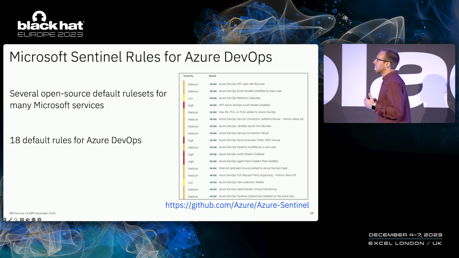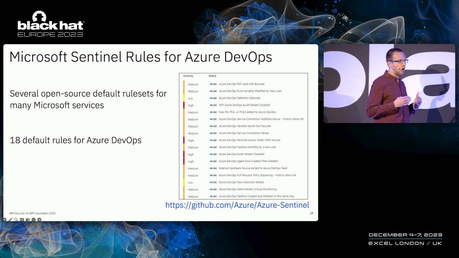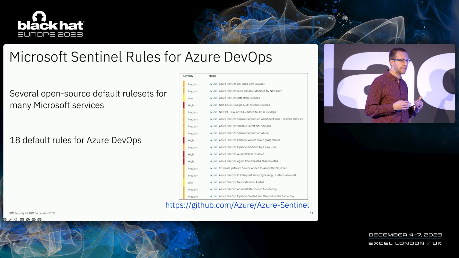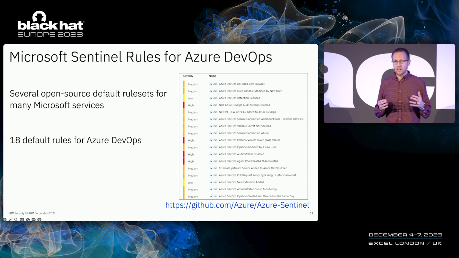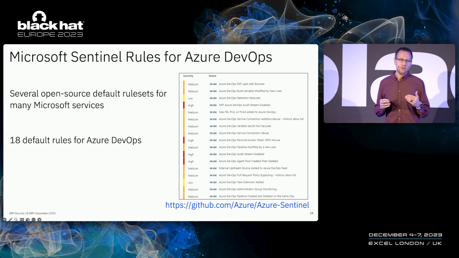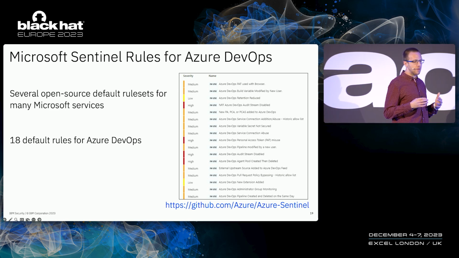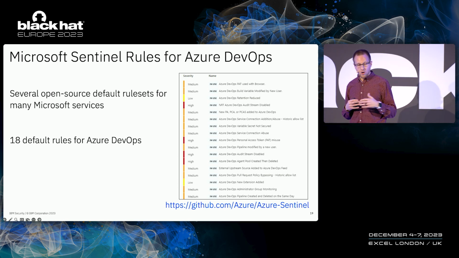Now, if you are sending your logs to a SIEM such as Microsoft Sentinel, there are several open source default rule sets for many different Microsoft services within Sentinel. Specifically for Azure DevOps, there are 18 default rules that I focused on for this research to see how they performed in terms of attacks on the full attacker lifecycle. These are open source rule sets.